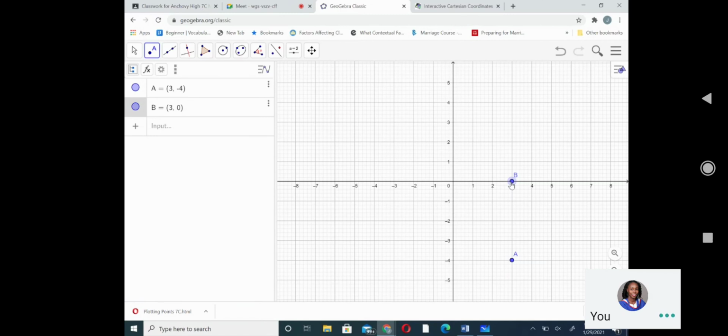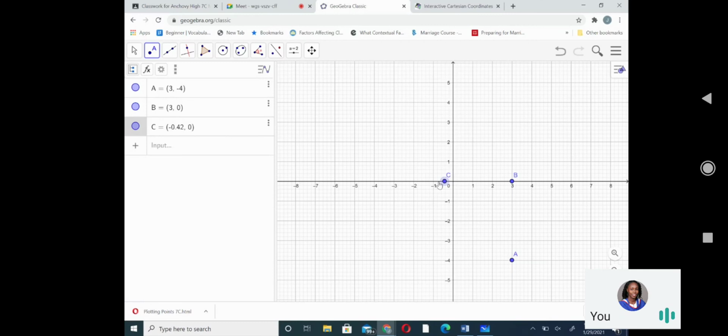Brilliant. All right. So we have now plotted our point 3, 0. And now our next point is -4, 4. And the -4 represents movement in what direction? To the left. And this is on what axis? The x-axis. Very good.